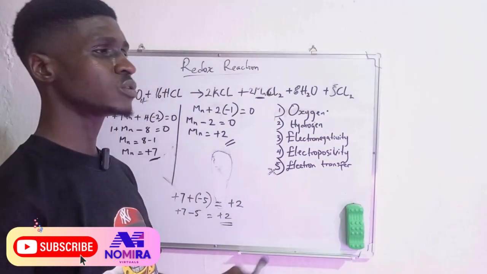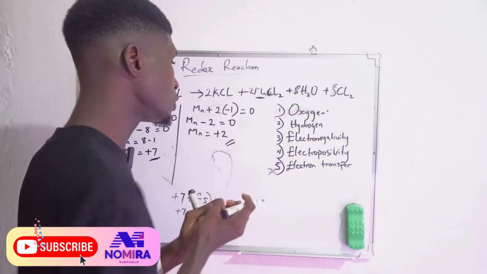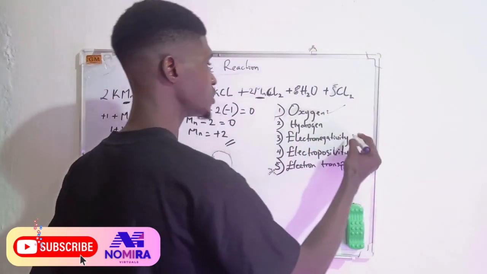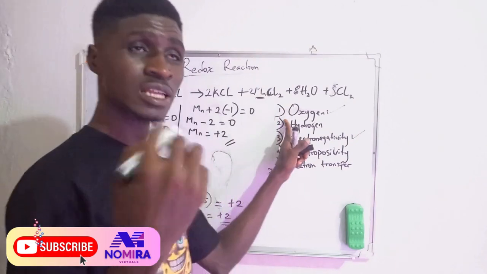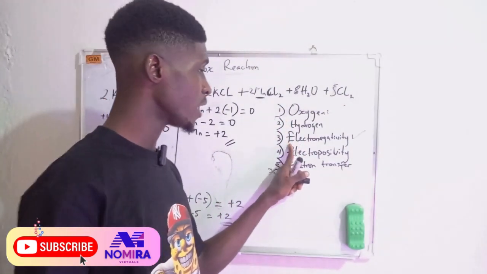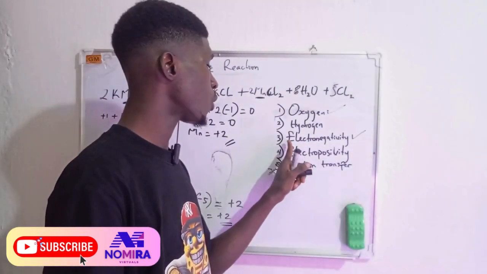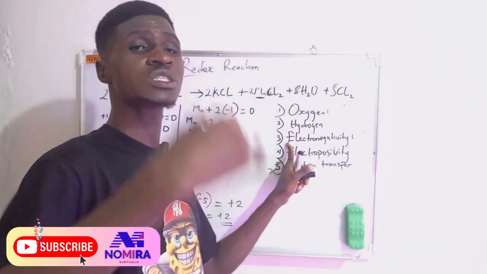It's just going to create a kind of distortion on the logic that you already know concerning oxygen and electronegativity. Oxygen is an electronegative element, a non-metal, so when you add oxygen or any electronegative element, it should mean oxidation.